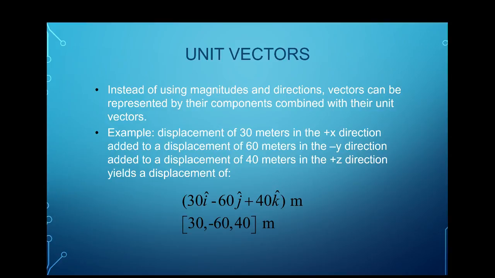So if I have a displacement of 30 in the plus x, and then 60 in the negative y, and 40 in the plus z, I can write that as 30 i hat minus 60 j hat plus 40 k hat. Or you can even shorten that more, put brackets around it, and just put the components, so 30, negative 60, and 40. We do want to include units, so meters, but most of the time you're going to see me writing things like this.